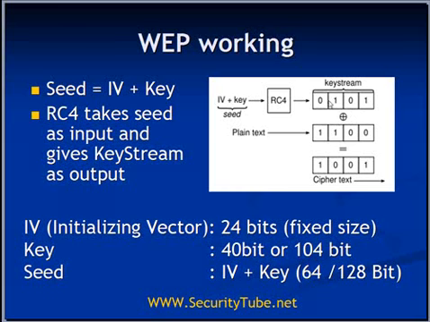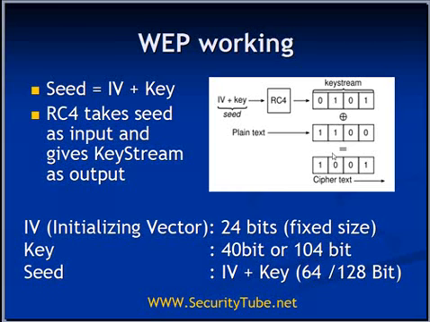Now this key stream will be XORed with the plain text message which is to be transmitted, and the XORed combination will be used as the cipher text for actual transmission. So if a station wants to transmit a packet to the access point, it will give the key as input to RC4. It will generate a key stream, then XOR this key stream with the plain text message to generate the cipher text, and the cipher text message will actually be transmitted to the AP.